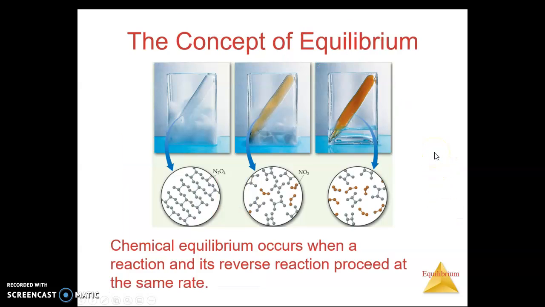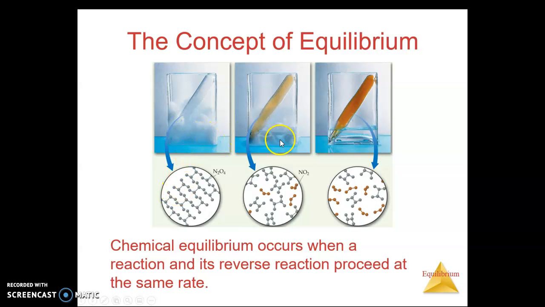So, the concept of equilibrium. Chemical equilibrium occurs when a reaction and its reverse proceed at the same rate. So here you see in very cold water, this is probably dry ice in acetone, extremely cold. We're getting close to 100 degrees negative Celsius. And as you can see, nearly all the molecules are N2O4.